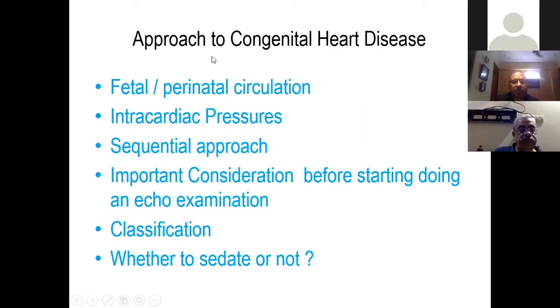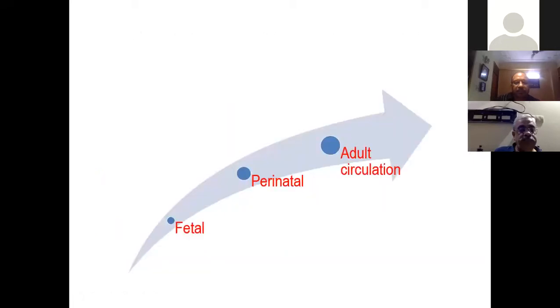Next, in the approach to congenital heart disease, we look at fetal and perinatal circulation, intracardiac pressures, then a sequential approach, then important considerations before starting an examination, classification, and whether to sedate a child or not. All these things make a lot of difference.